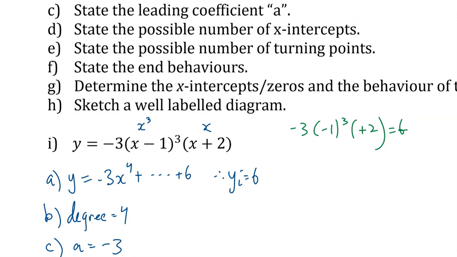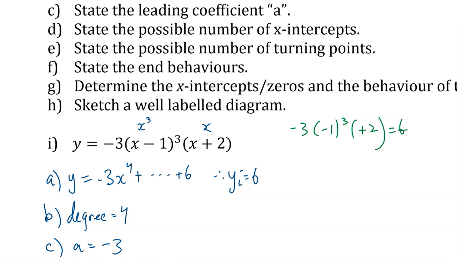D. Now this is a little bit weird. D and E are a little bit weird for this question because we know how many x-intercepts this polynomial has. What these questions mean, this is just for practice, is for a degree 4, how many could it have?